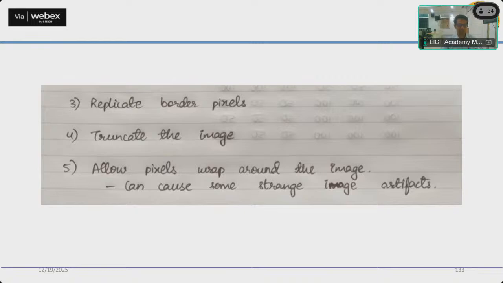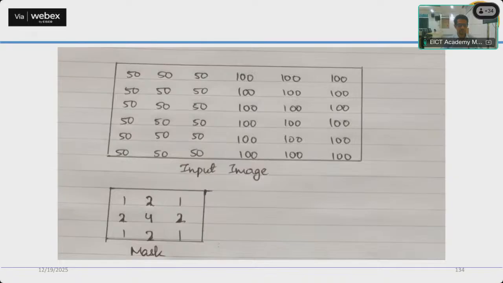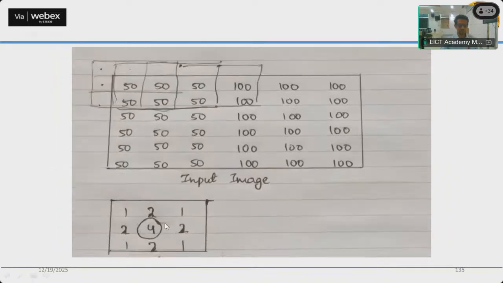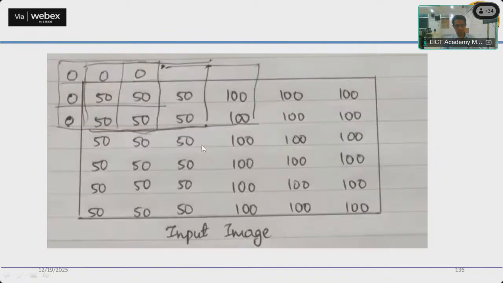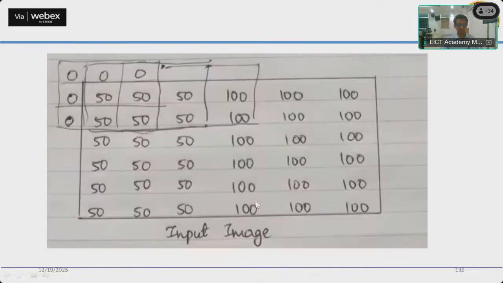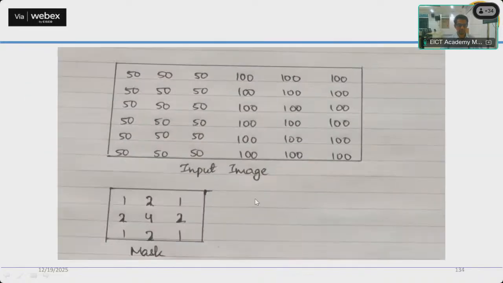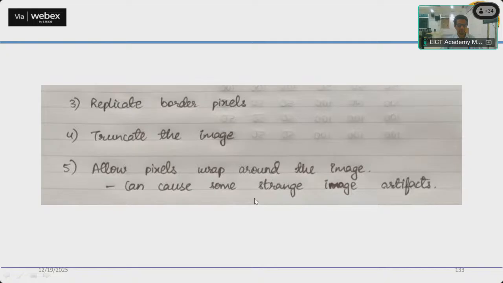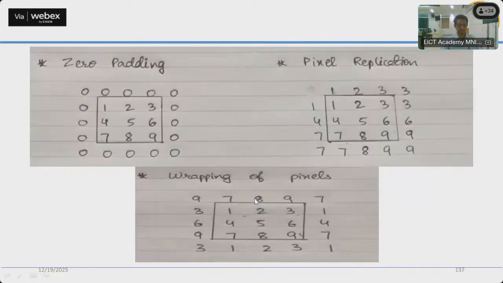So for example, the input is given, the mask is given, and thereafter the output is shown here: this input image, zero padding, pixel replication, wrapping of pixels. So zero padding, what do you mean by zero padding?